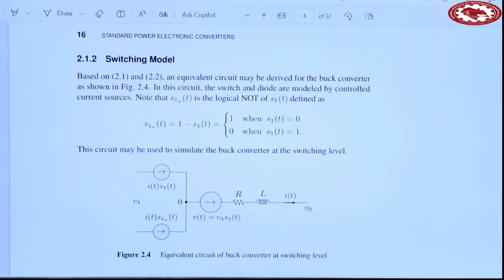So you don't really want to engage yourself in those very short times, unless your research is particularly in that aspect. If your research is in control or power system operation of the converter, you're not interested in what's happening in that time scale. But if you are a power electronics researcher working on the switches themselves, you may want to go into details and work with this model.